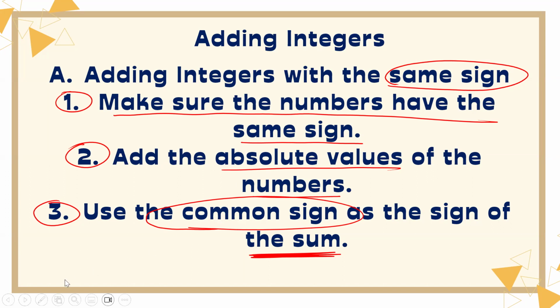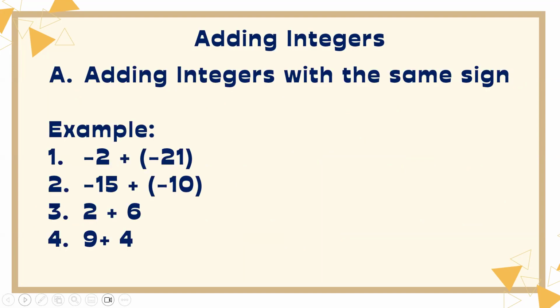So how do we apply that to real problems? Let's add integers with the same sign for this example: negative 2 plus negative 21. The first step is to make sure that they have the same sign. So yes, they really have the same signs.